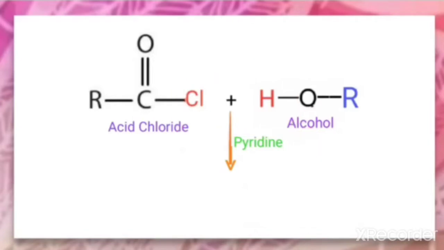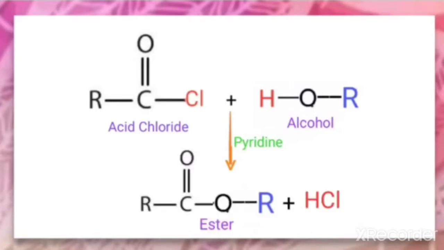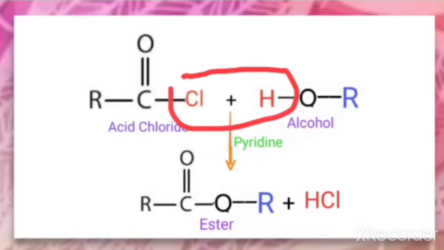So in this reaction, which takes place in the presence of pyridine, we get the products ester and HCl. Look at the equation, how HCl is formed. Like this, HCl is formed.